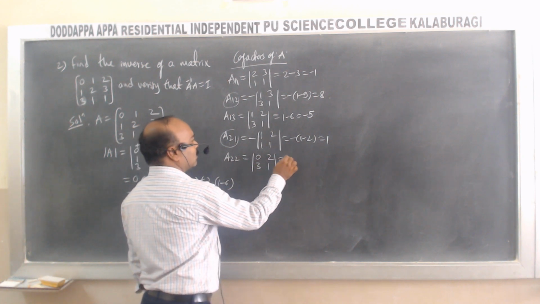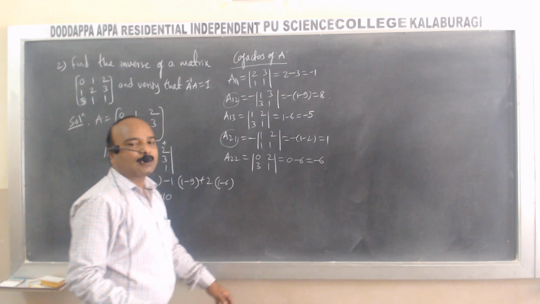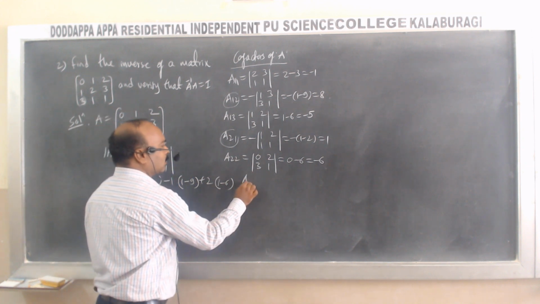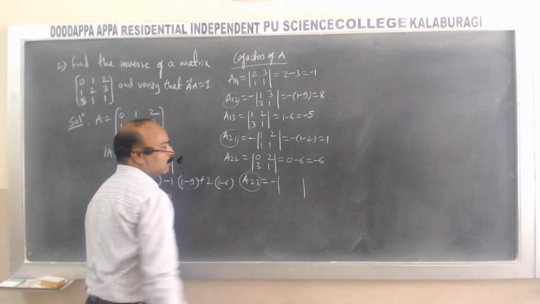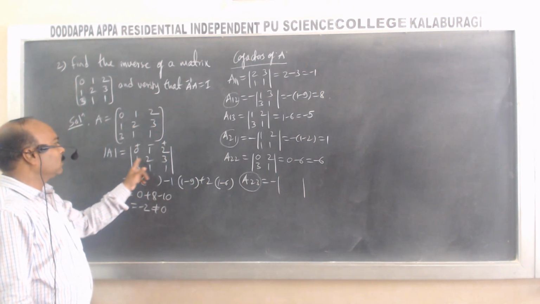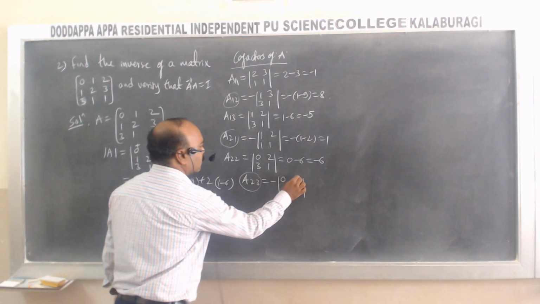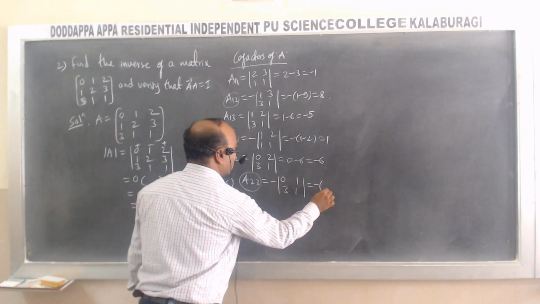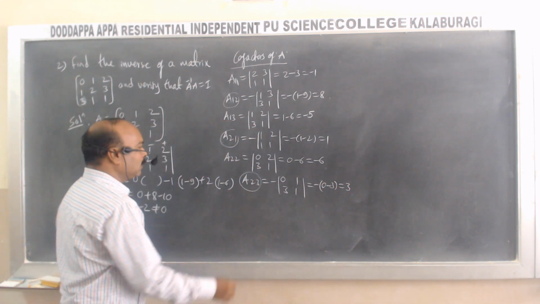So it is 0 minus 6, it is minus 6. Next A23, again it is minus of determinant because 2 plus 3 is odd. Deleting this column and this row, we get 0, 1, 3, 1. So it is minus of 0 minus 3, it is plus 3.